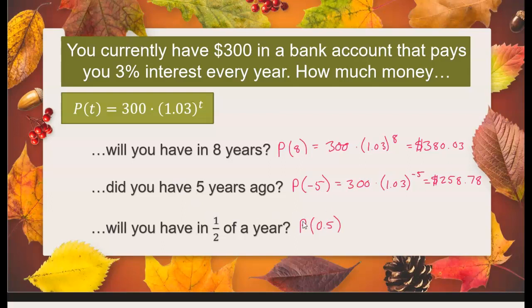And 0.5 is just a little bit easier to put into our calculator, so it might make sense to write it that way. So I'm going to say 300 times 1.03 to the 0.5. Put that in my calculator, and I get 304.47 if I round.